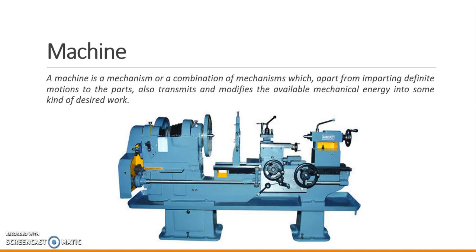Another point you definitely observe in a machine is that it converts energy from one form to another. For example, in a lathe machine we convert electrical energy to mechanical energy, sliding energy to rotational energy, and different types of energies. This is the basic difference between machines and mechanisms.